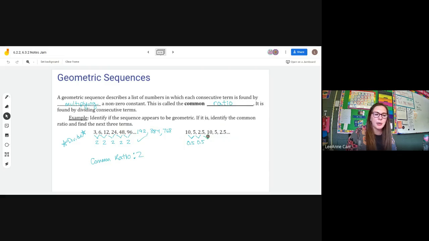However, 10 divided by 2.5, what do we get? 10 divided by 2.5. Have those calculators handy.